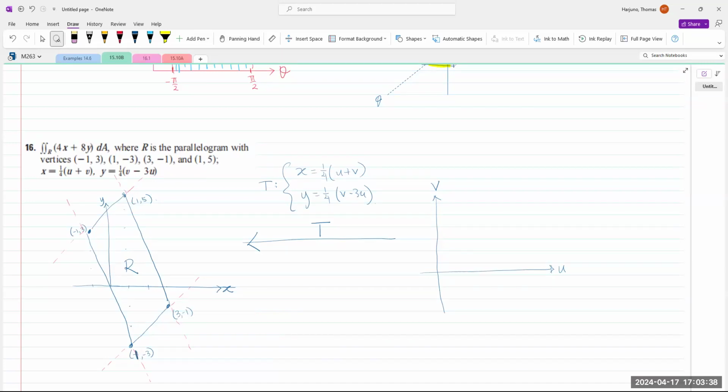What I think I will do is take a look at this. What is the equation of, for example, this line here? The slope apparently is 1, so y equals x minus 4. And this one here is y equals x plus 4.